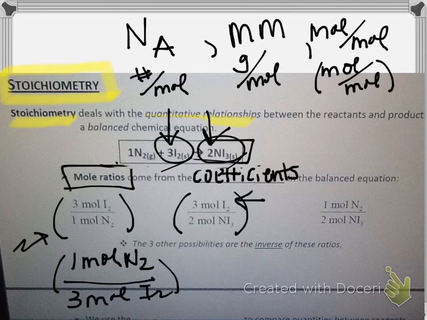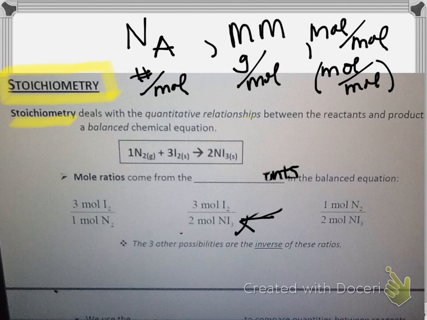For every 3 moles of iodine, there are 2 moles of nitrogen triiodide. Once again, we could reverse it. We could put the nitrogen triiodide on top, the iodine on bottom. But I think you get the point here. These are mole-to-mole ratios. Now, why in the world would we need mole-to-mole ratios? We're going to use them to solve problems.